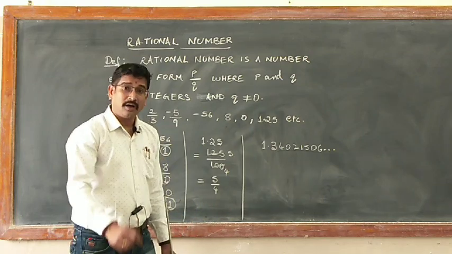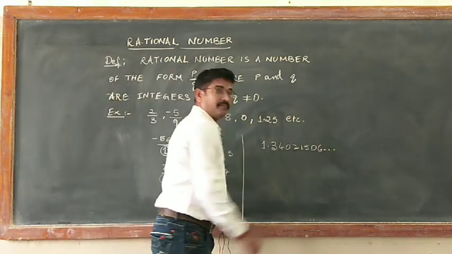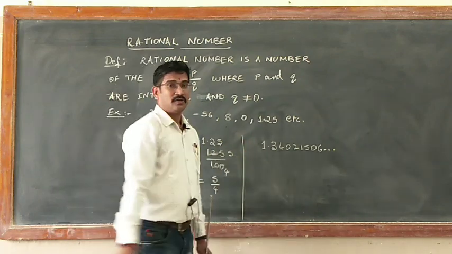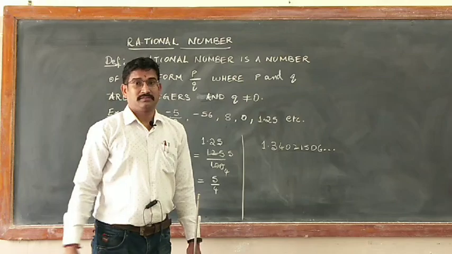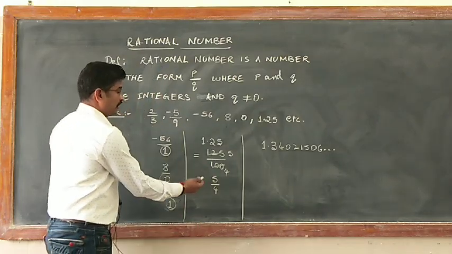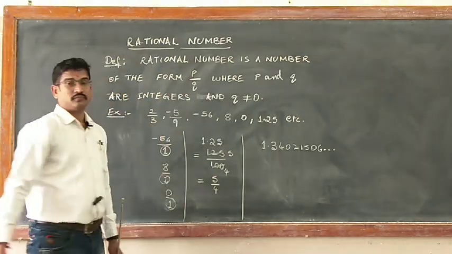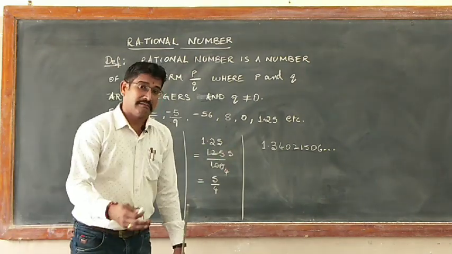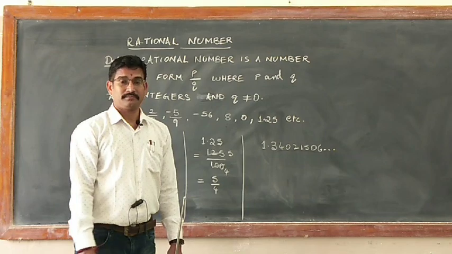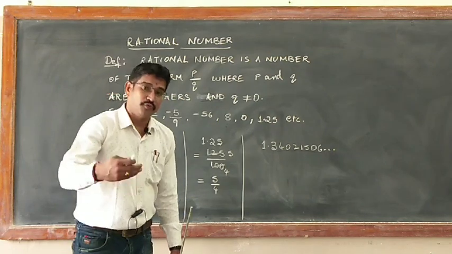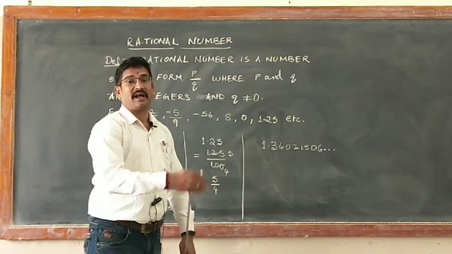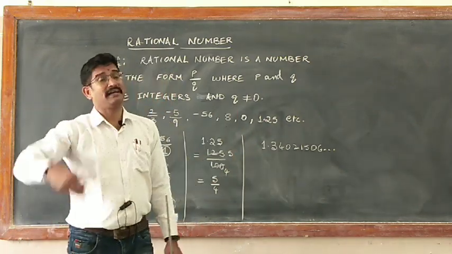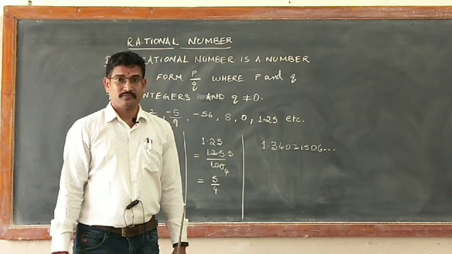which are not ending and even not repeating. So such numbers cannot be converted into the form of p by q. So this decimal number is not a rational number, and we are going to learn in detail the types of these numbers and their meaning in our next class, 9th standard.